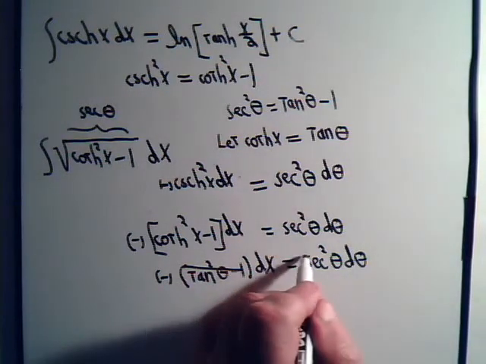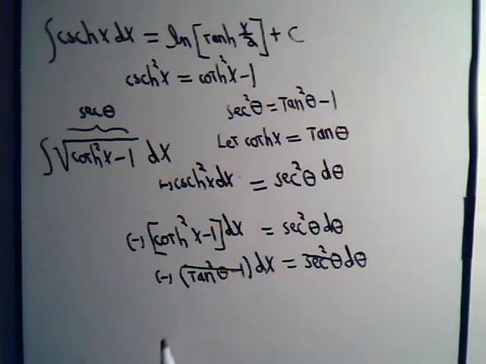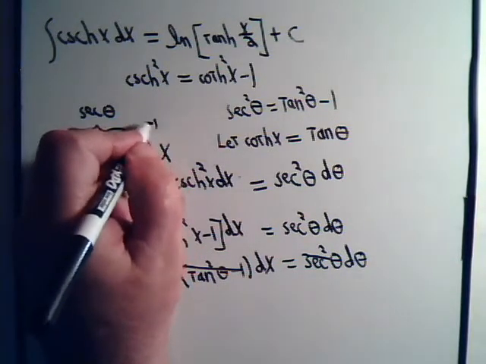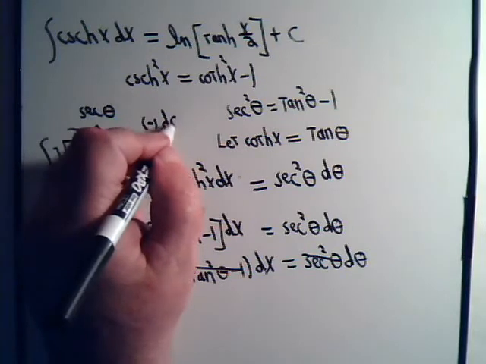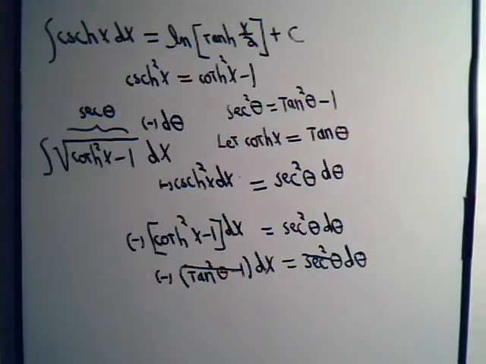So you divide both sides of the equation by this, and we're going to have dx equal to minus d theta.